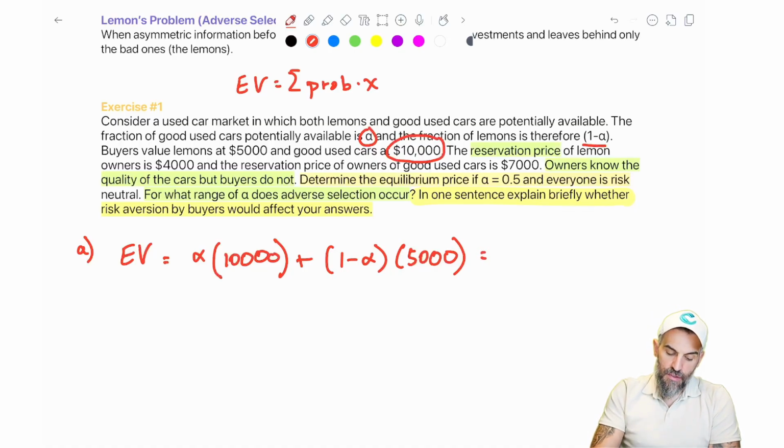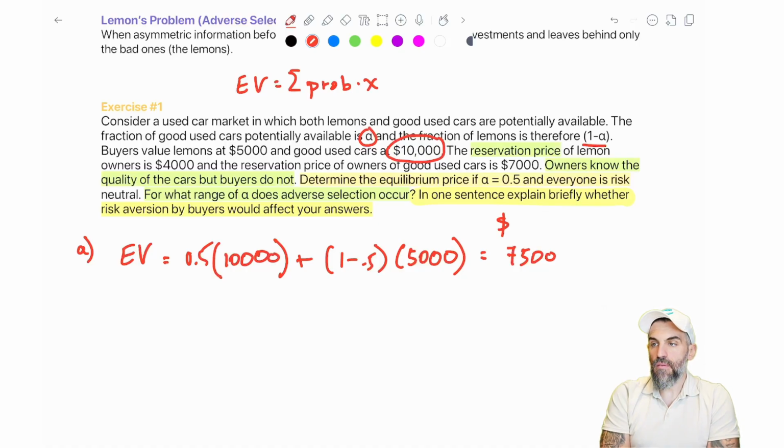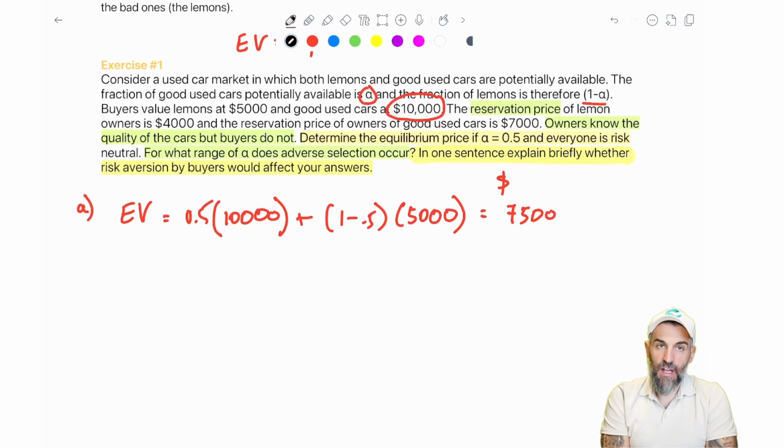Okay, so if we do the math, I'll put 0.5 here, 0.5 here, and that gives you 7,500. So that is the expected value.